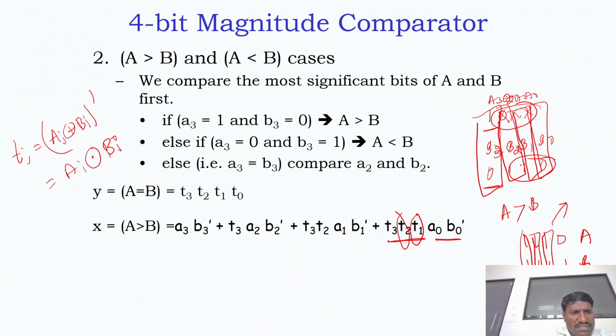That means this will be 1 when both are equal. Say T of 1, T of 0, T of 2, T of 3, each is 1 when both bits are equal. That is the XNOR operation. So if the first three digits are the same, based on the LSB digit I can say which is small or which is large.